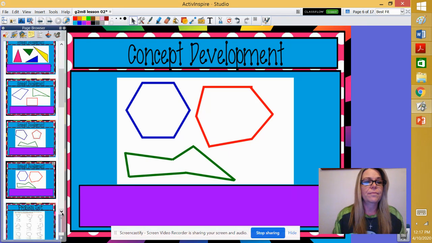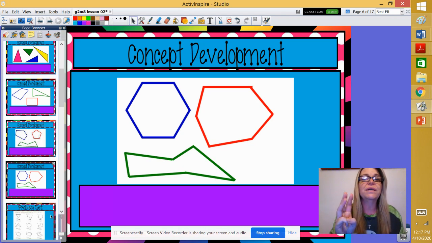Now, we've identified different types of polygons. We talked about a triangle that has how many sides and angles? Yes, 3 sides and 3 angles for a triangle. We talked about a quadrilateral. Remember, the prefix on each of these words is the clue as to how many sides they have.